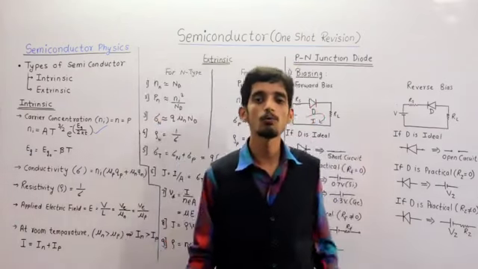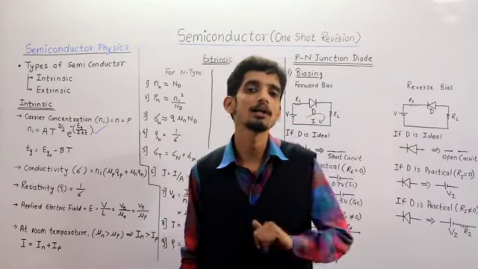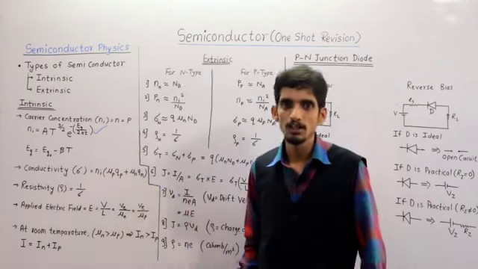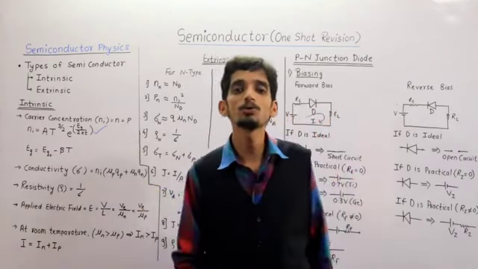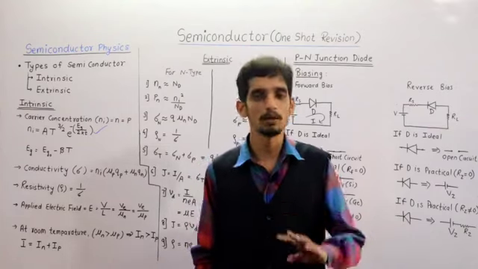Mobility indicates at what speed the charge carriers will move inside the semiconductor material. So this is the formula for conductivity. The unit of conductivity is 1 upon ohm meter, or Siemens per meter.